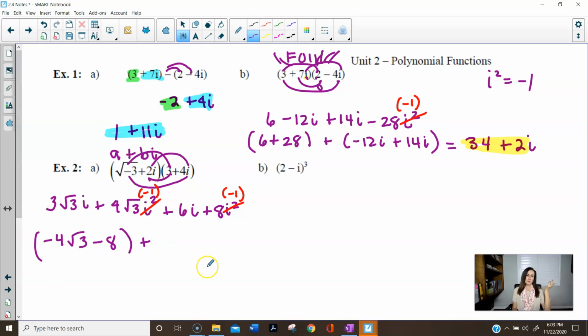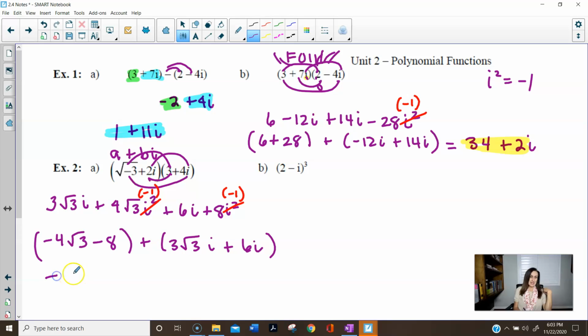And now I'm going to do my imaginary part. So my imaginary part is 3√3i. So 3√3i plus 6i. Okay, and then what you can do is you could just factor this I out so that you have a plus bi.